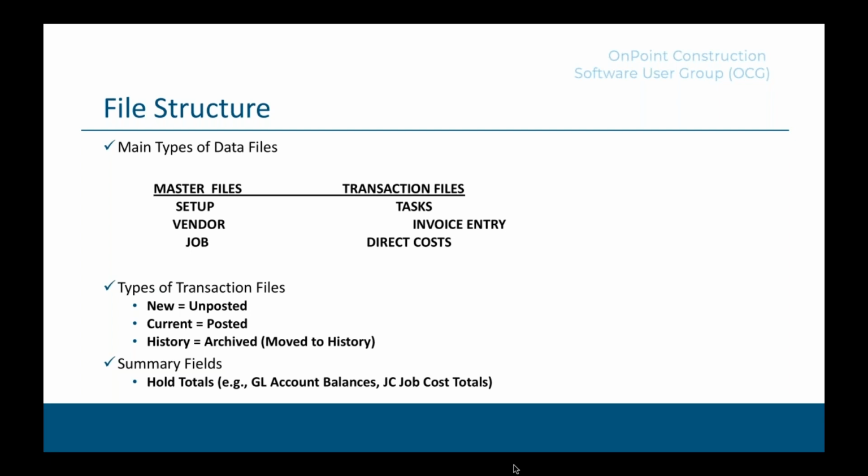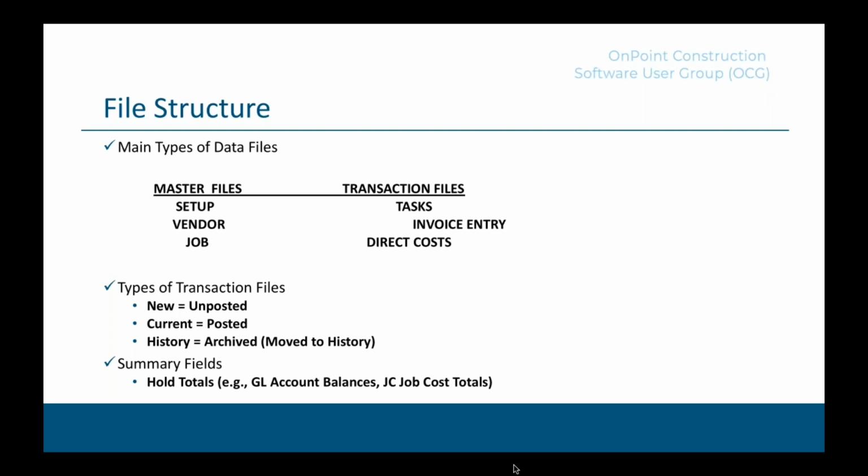That information is held in the master file. And then we have transaction files that hold anything that comes from tasks, invoice entry, direct cost, entering your invoices for AR, those types of things. Anything that is date specific is held in the transaction files.